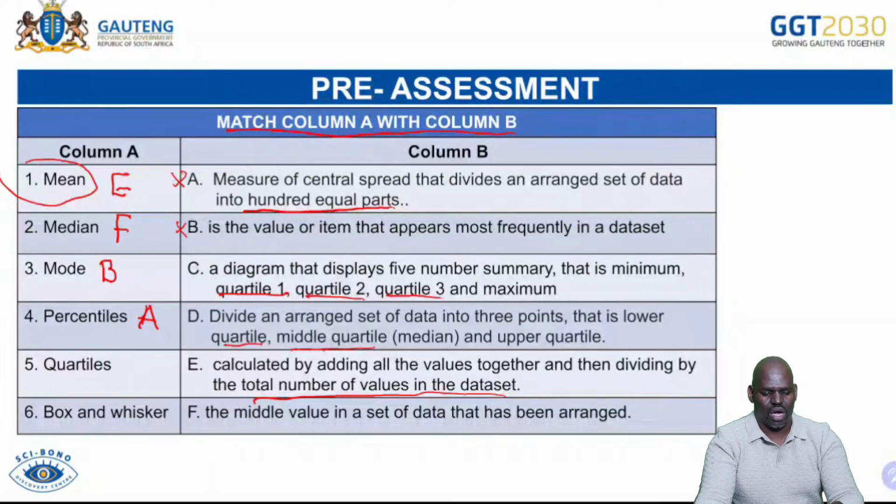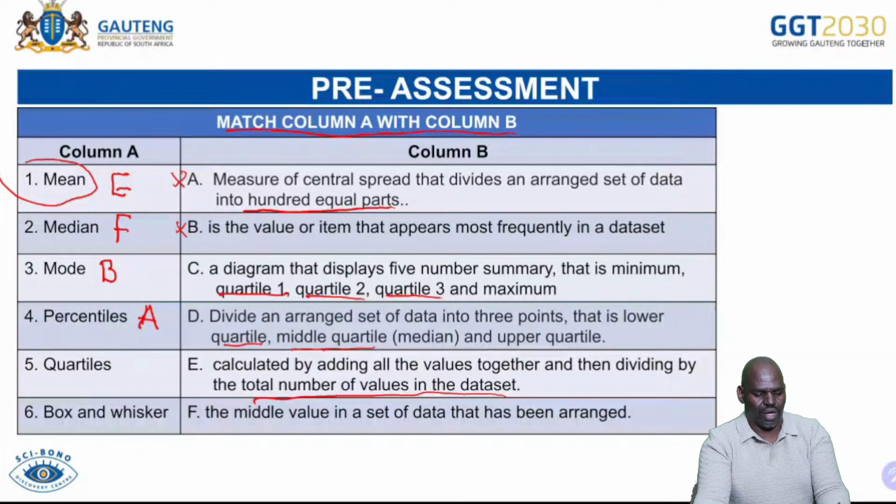And then C, we haven't used it, but let's check. A diagram that displays, so quartiles cannot be a diagram. So we skip that one. The next one is divide an arranged set of data into 3 points, that is lower quartile, middle quartile, and upper quartile. So this is the possible answer for number 5.